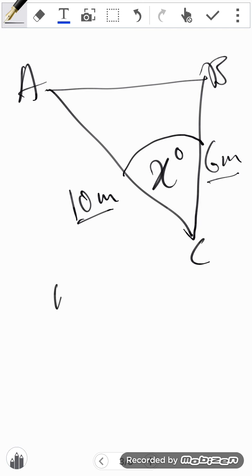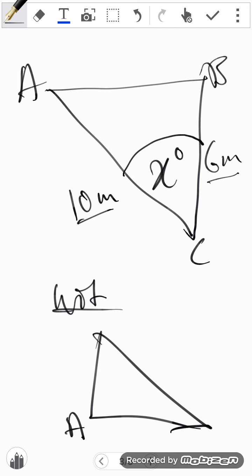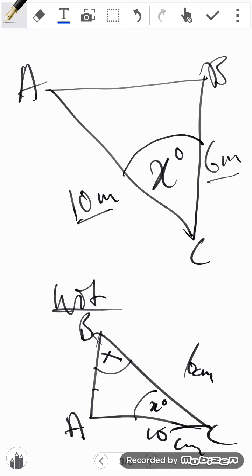It is not somewhere else other than where it's supposed to be. You have 6 and 10 centimeters and x degrees here. You're not having x degrees there, and not here, but here, which implies that you have two sides and an angle at the middle.